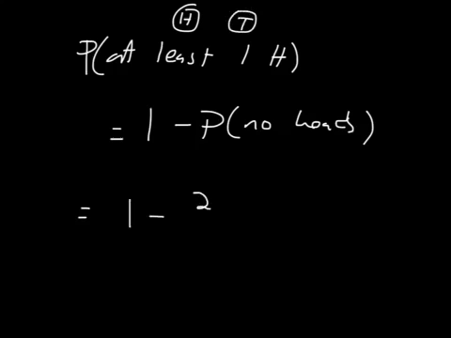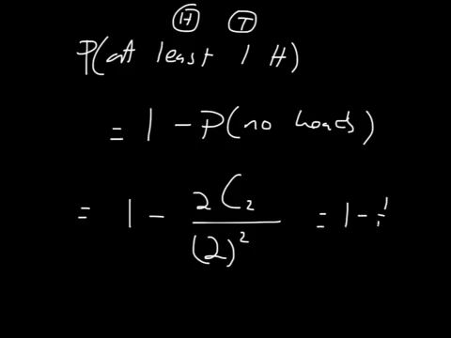That means 2 coins choosing 2 tails. That's all of my options over 2 options per flip. And this simplifies, of course, to 1 minus 1/4, which is 3/4. I hope this makes a little bit more sense.